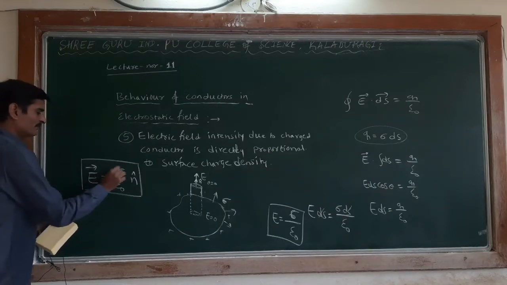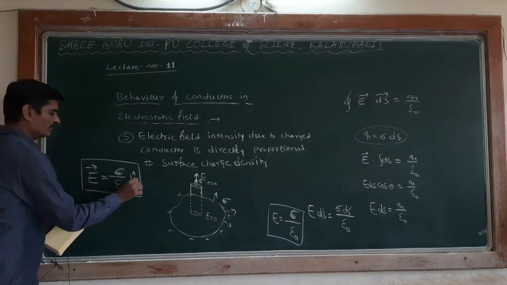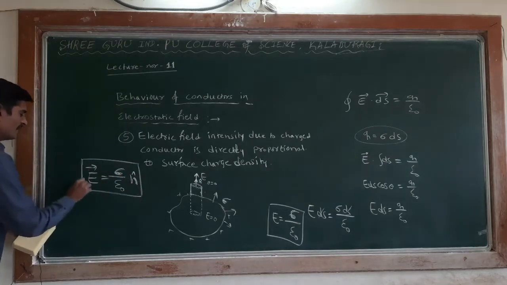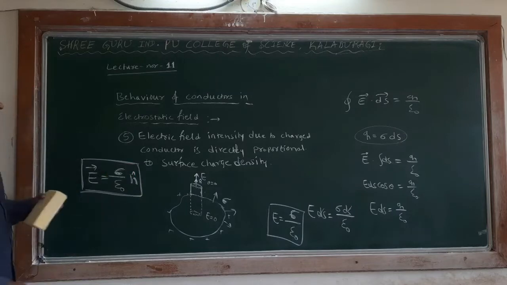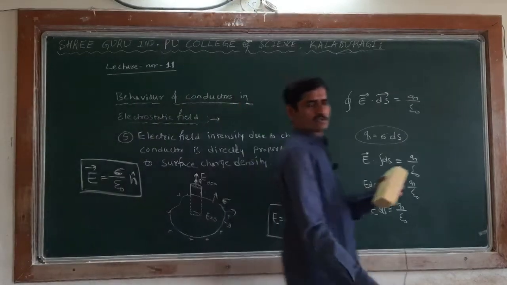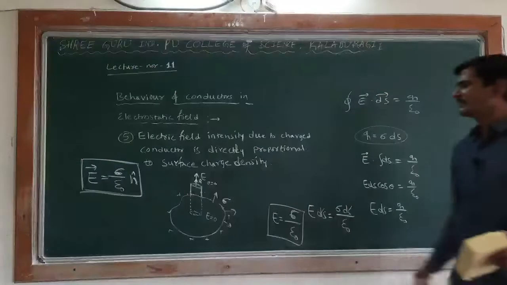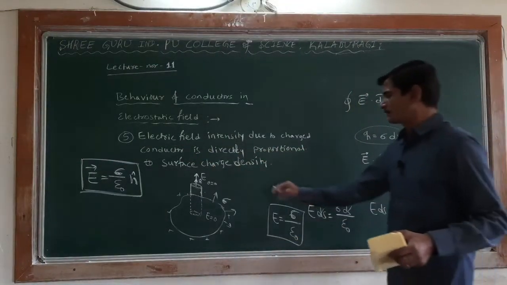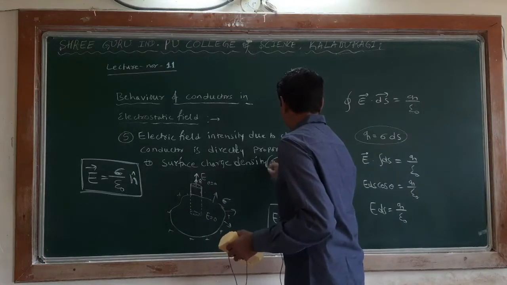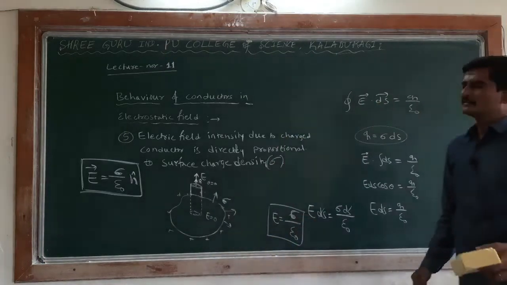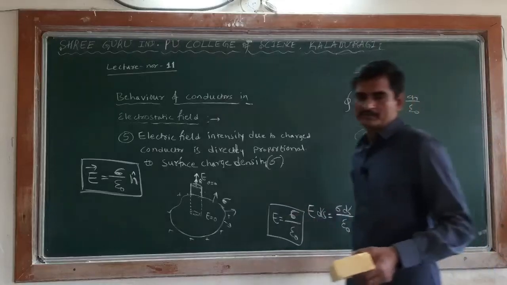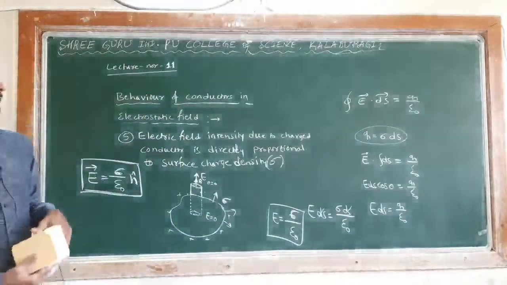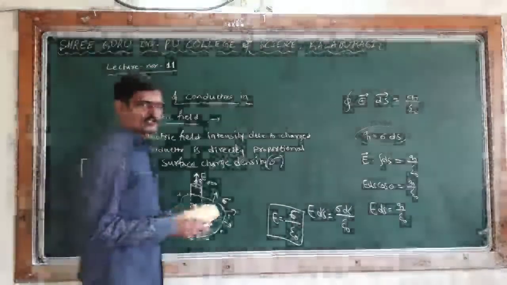The electric field intensity due to a charged conductor is directly proportional to the surface charge density sigma. This is the fifth point. So these are the five points that you have to understand.